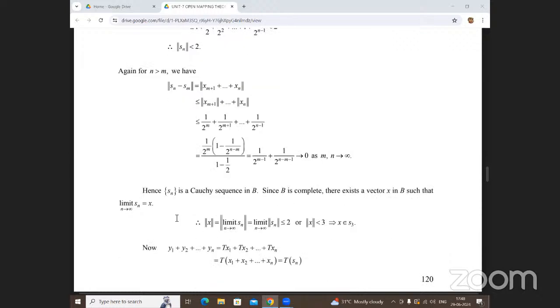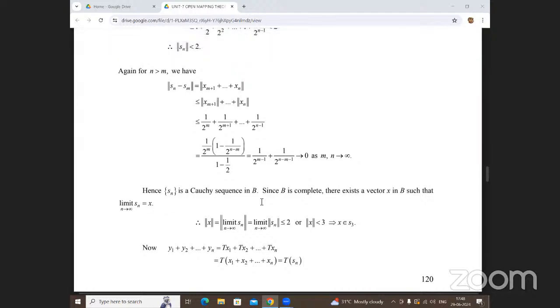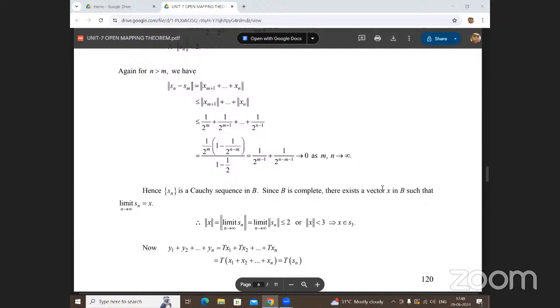Okay. Finally, here the limit of the sequence is say x. Given the Cauchy sequence converges to a point, that is called complete. So that is called a Banach space. Now here capital B is complete, and the given sequence is a Cauchy sequence in capital B. Now here there exists a vector small x such that limit of S n equal to x.